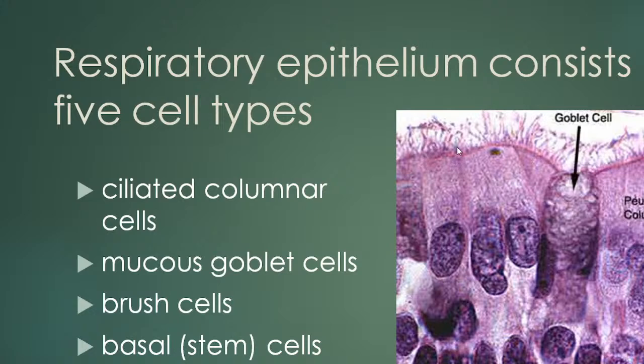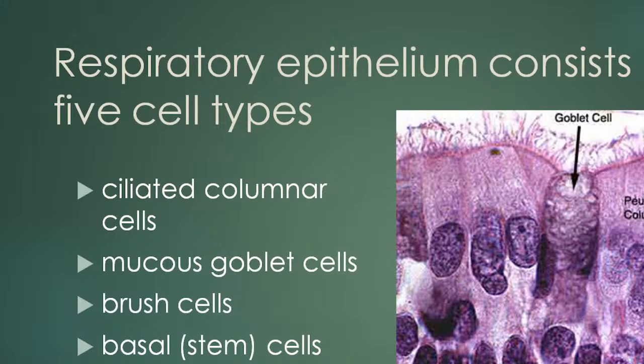Between ciliated cells, we can find special mucus goblet cells. They produce mucus.